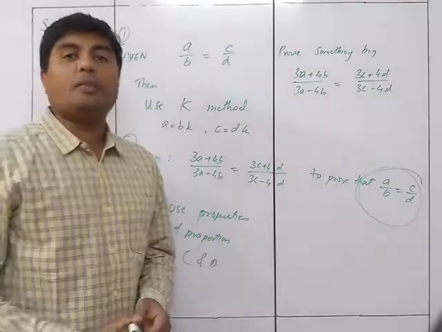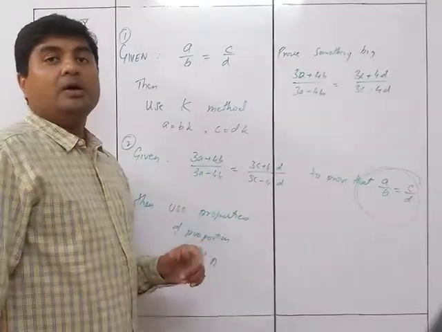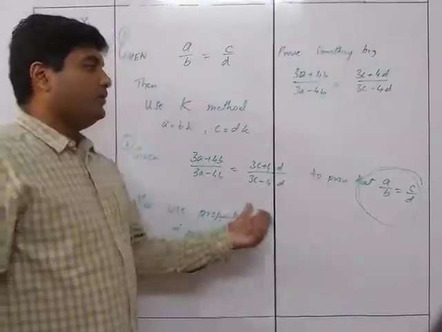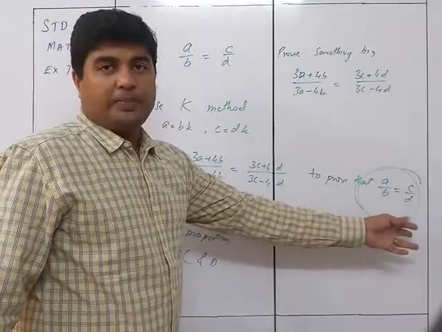So you will be using the componendo dividendo method only when you need to prove that A upon B is equal to C upon D.